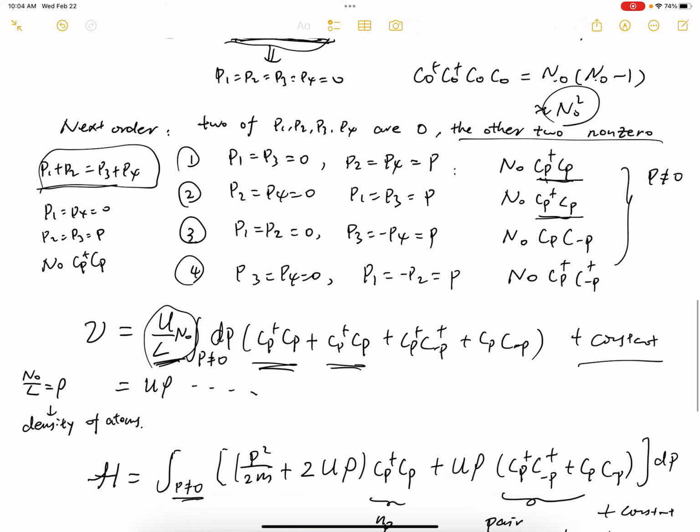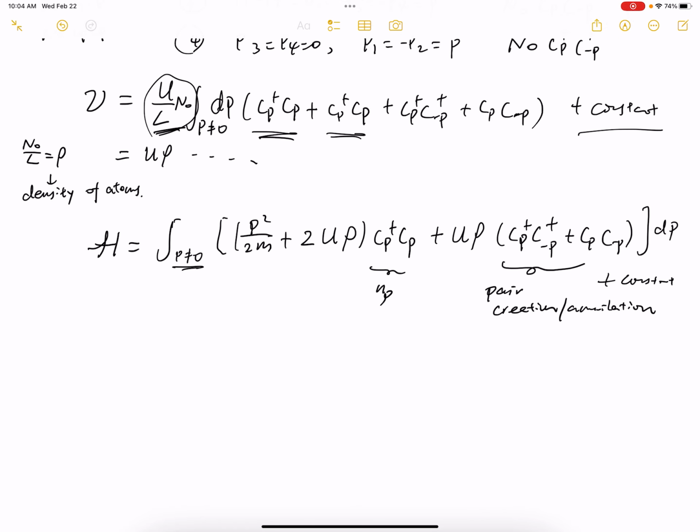So this part is more trivial, because it just means that with N_P particles at momentum P, I'm going to add an extra energy, and that extra energy is just equal to U times rho. And that's a constant. Rho is the density of the atoms, which is set once you load the atoms, and U is the interaction energy, which is also a constant. So you're basically just adding a constant energy cost. The other way to think about it is kind of like a chemical potential. This is the cost for adding one particle to your system.